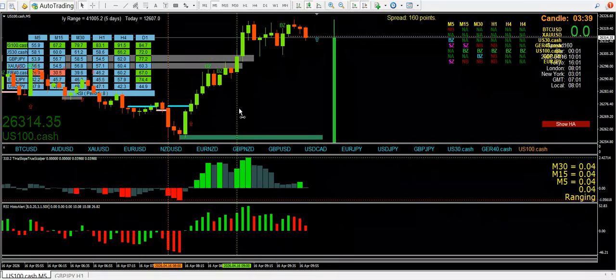Sorry, mouse problems. We can't take trades there, but we could have possibly got an entry there, and this will keep me out of longs. There's no way I want to go long there.